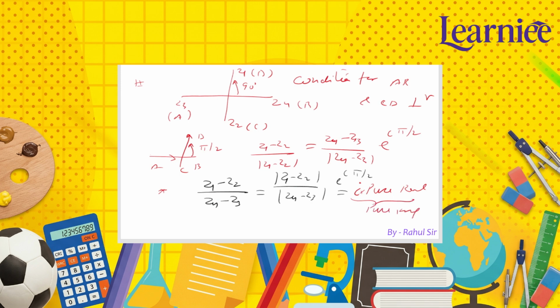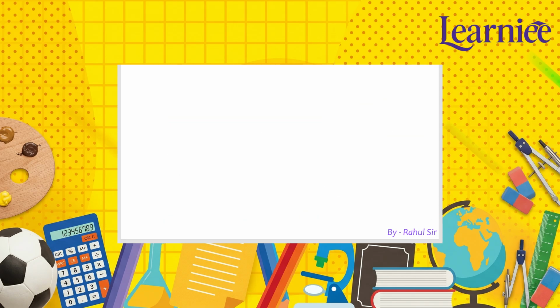So essentially we can say that Z1 minus Z2 upon Z4 minus Z3 is a pure imaginary number. So essentially we can say a very basic concept, the ratio of complex numbers.